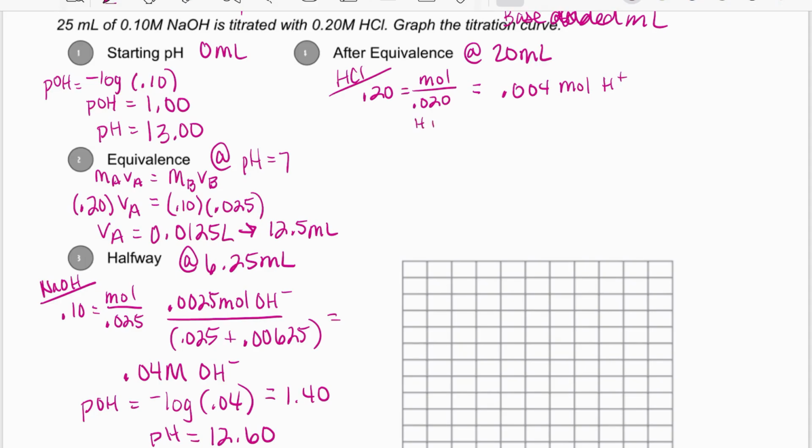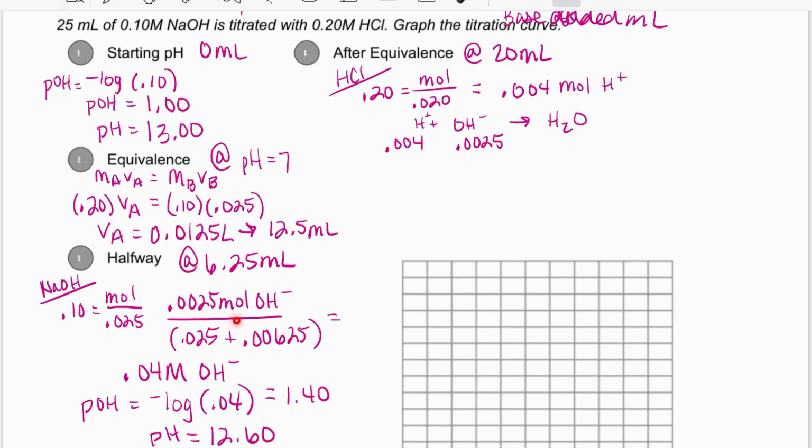So now for my ICE table, for acid, I just found I'm going to add 0.004. For my OH, if I look back at step number 3, I had 0.0025 moles of my hydroxide.